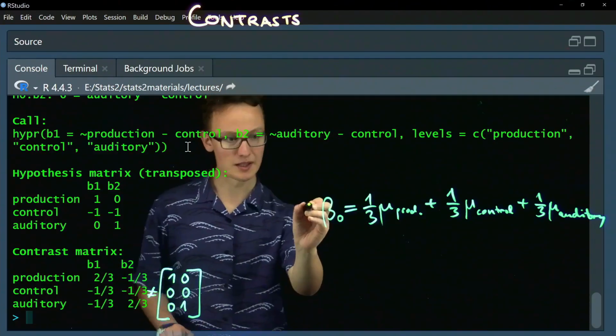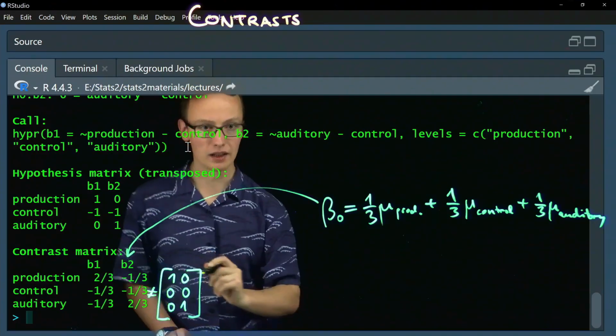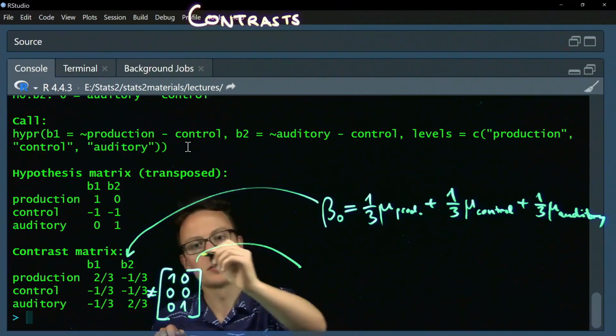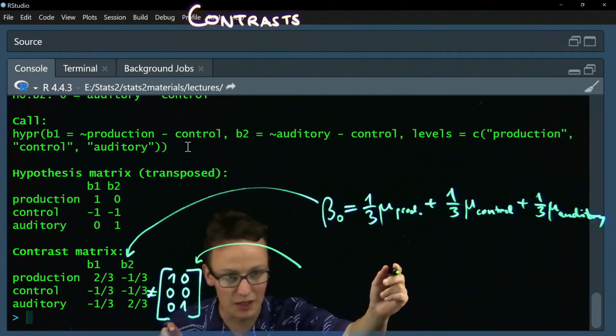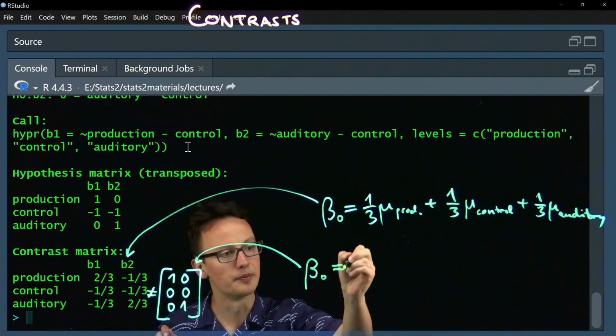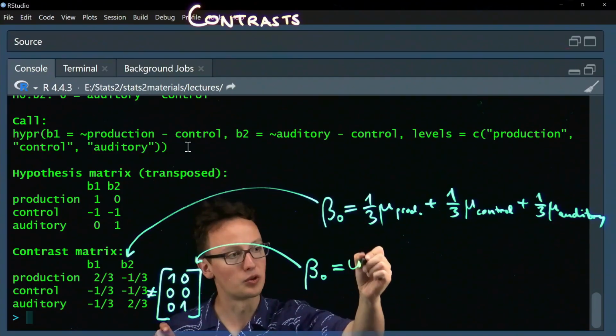So this is what we are basically doing here, okay? While when we have the traditional treatment contrasts, we are not assuming that beta 0 represents the grand mean, but in fact that beta 0 represents one particular group mean, in this case the control group mean, okay?